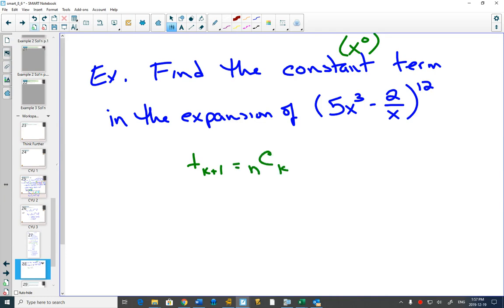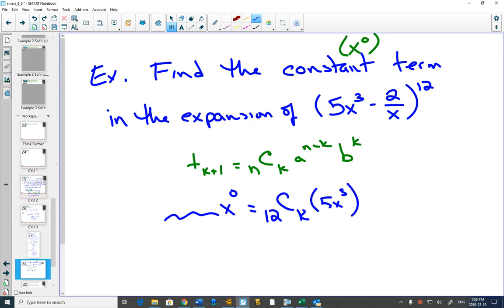So again, I'll write out the formula here from your formula sheet. What do we know? We know on this side we have some term with no x's, so we write x to the 0. On this side, n is 12. We don't know k. A is 5x cubed, to the 12 minus k.